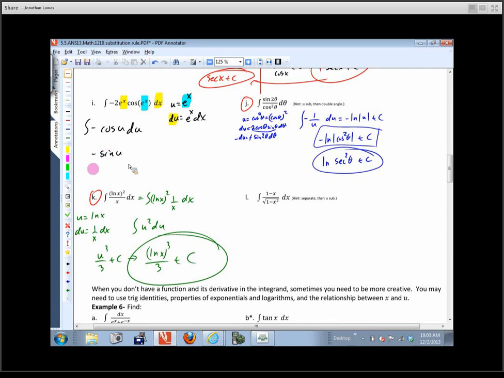And if you just differentiate that and double check, you do get negative. Oh, whoops, thank you. Forgot about the 2, okay? So we'd have negative 2 sine u plus c. And then the only other thing that we need to do is change back from u's into x's. So our answer is negative 2 sine of e to the x, I'll put that in parentheses, plus c. And there's our antiderivative.